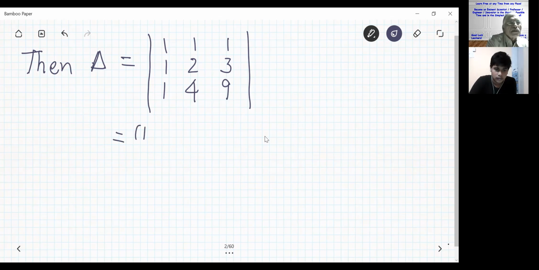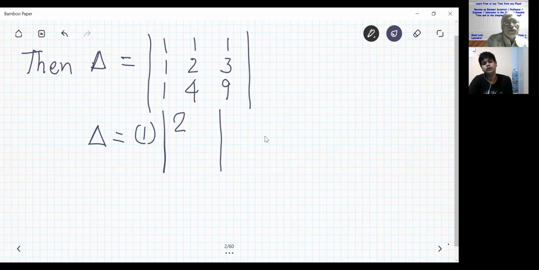No, we write it column wise. Yeah, column, because we assume that this line and this line is not there. First row, first column is not there, so the remaining numbers we write here. If you are writing column wise, it is 2, 4, and 3, 9.